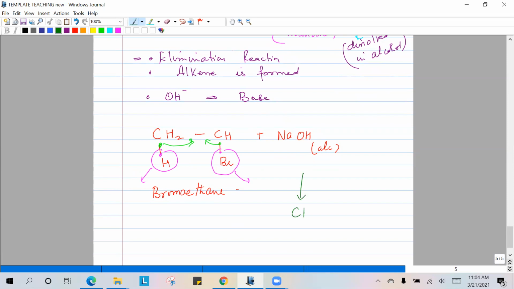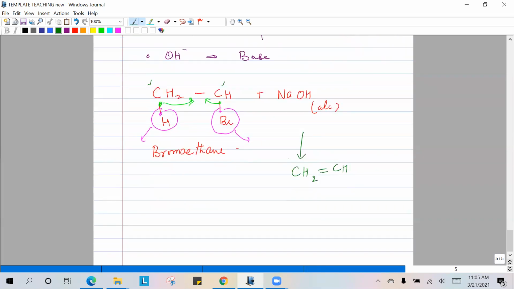So what will happen is CH2 double bond CH2 will be formed, because the green arrows bring their electrons in common. Before, the electron of this carbon was shared with hydrogen, and the electron of this carbon was shared with the bromine. Now they break away from the hydrogen and bromine and they share among themselves. And the H combines with the OH, forming water. And the Br combines with the Na and forms NaBr.